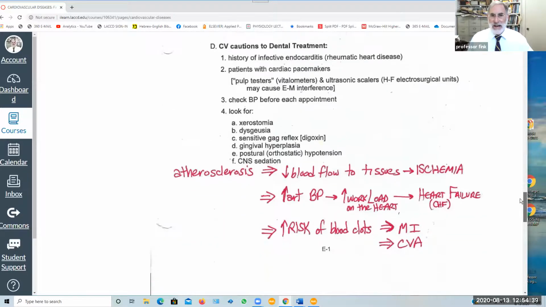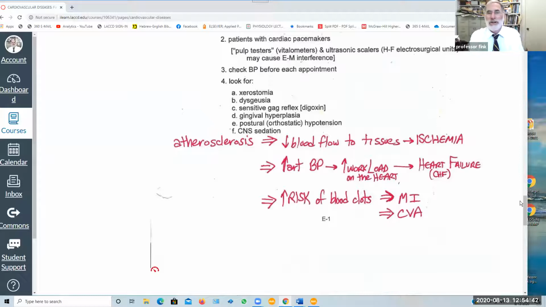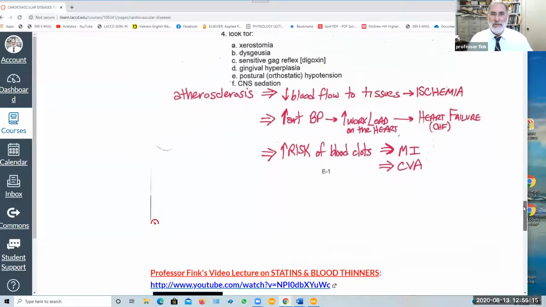I've reproduced it because in the video that you're going to watch, I try to describe the connection between atherosclerosis, increasing the risk of ischemia in different tissues and organs of the body, increasing the relationship of atherosclerosis to raising blood pressure and increasing the workload on the heart, leading to heart failure, and atherosclerosis increasing the risk of blood clotting, leading to a myocardial infarction or cerebrovascular accident. The rest of the lecture outline is available at the very, very bottom.